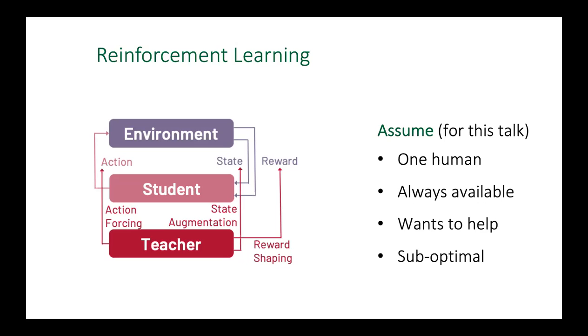Oh, good question. So in the chat, someone asked if the teacher has access to the environmental information. So I'm going to assume that the teacher has some kind of visualization, and usually that way of seeing the environment is similar to what the student can see.